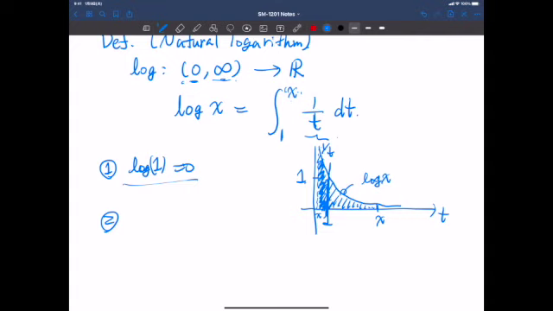And second, this function is a strictly increasing function because 1 over t is always positive. So if you integrate this, this integral only increases as x increases. So log x is strictly increasing.